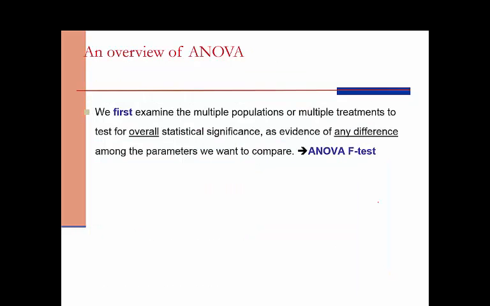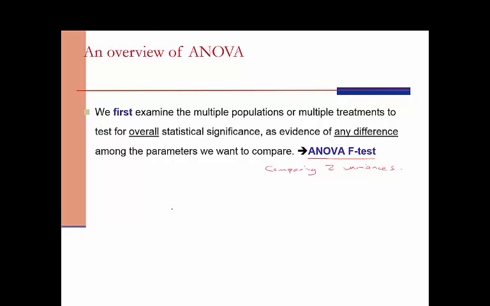And we do that using the F-test, right? Remember, we talked about the F-test for comparing two variances. In fact, you're going to see that we are going to compare two different variances, but the test will be on means.